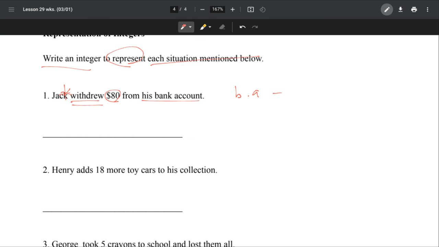So what does that mean? That's minus 80 from his bank account, right? So it's just minus $80. Okay, that represents the situation because he withdrew $80 from his bank account, meaning bank account minus $80. Okay, so that's our answer.